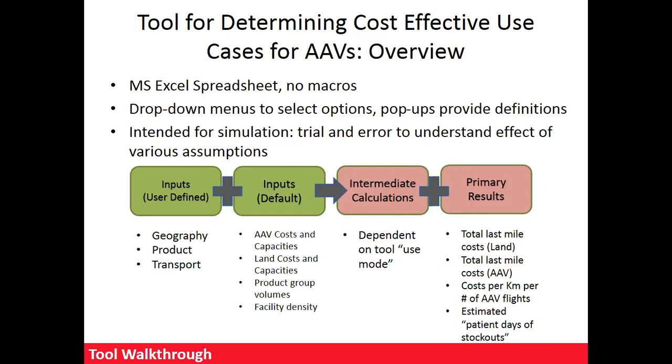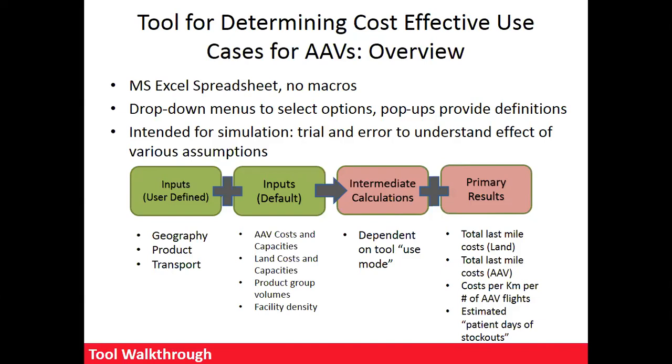This diagram in the middle of this slide lays out the inputs and the outputs of the tool. On the left-hand side, there are user-defined inputs that have to be entered or selected by the user. These cover the geography that you're looking to implement AAVs within, as well as the products that you're looking to have the AAVs carry.